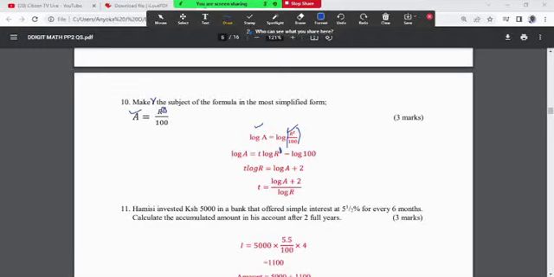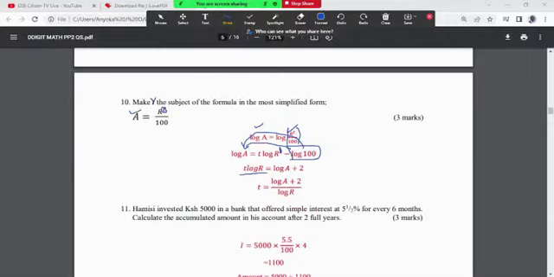We take 100 to this side, so we remain with T log R is equal to log A plus 2, where the logarithm of 100 to the base of 10 is always 2. We have taken it to the other side, it has become a positive.